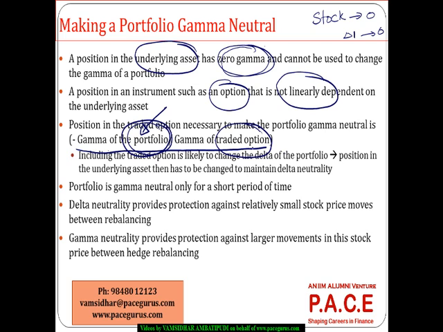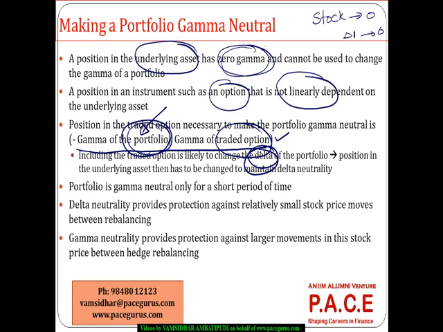But because I am using an option to make the portfolio gamma neutral, the option will have a delta as well. Because I am including this option as a part of my portfolio, obviously that is going to change the delta of the portfolio, because the option itself has some delta.